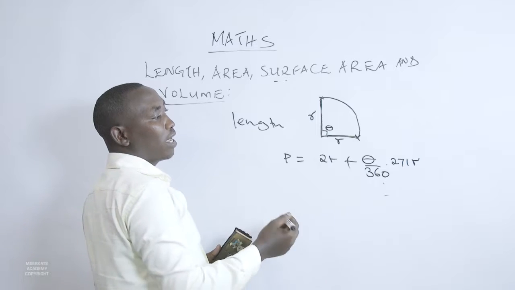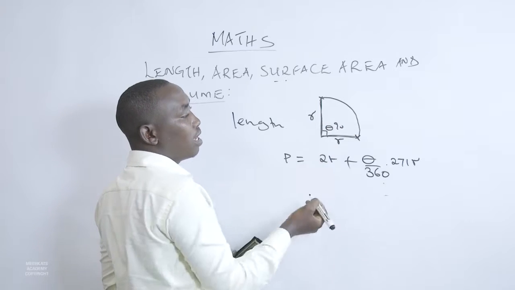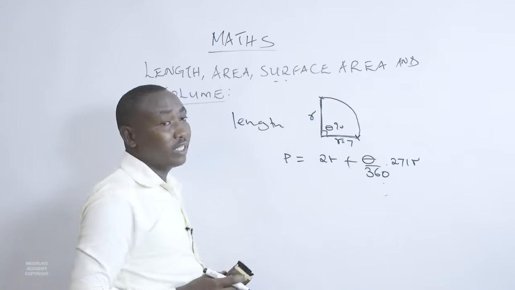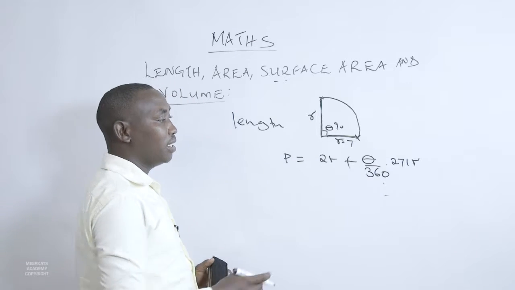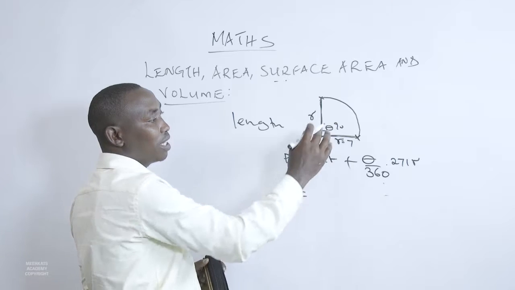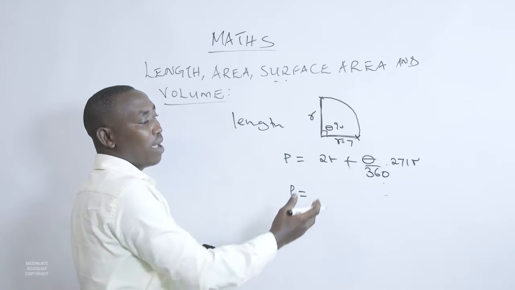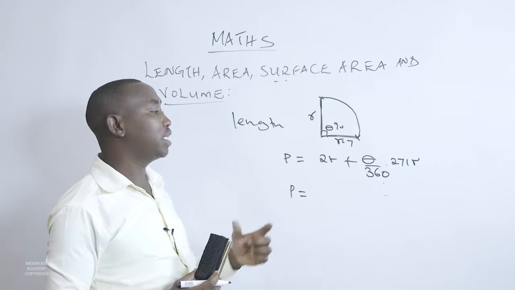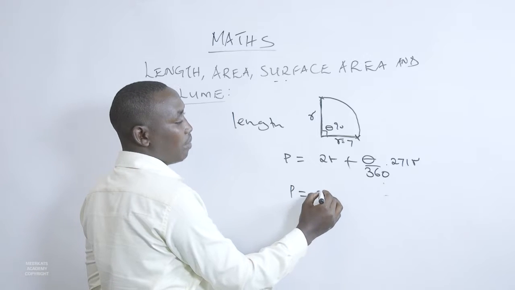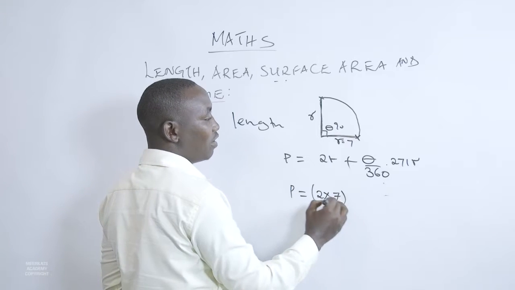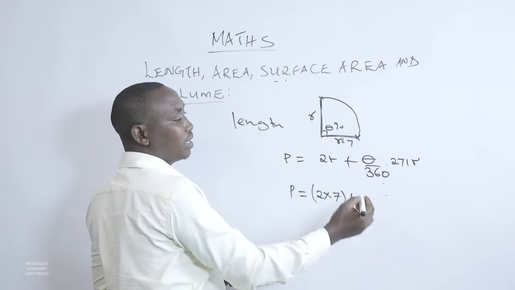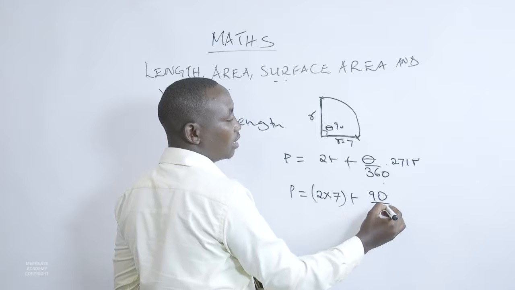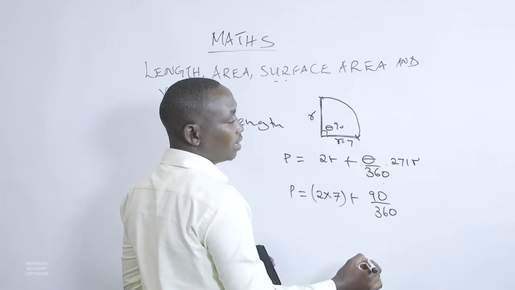So in the case we are given that this is 90 degrees and a radius of 7 units for instance, then the perimeter of this figure can be found by making the necessary replacements in our formula. So this shall be 2 multiplied by the radius, which is 7, plus the angle subtended at the center, 90 degrees, that is our theta, divided by 360 degrees.